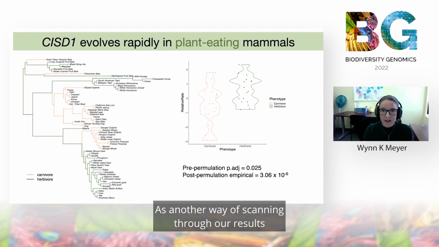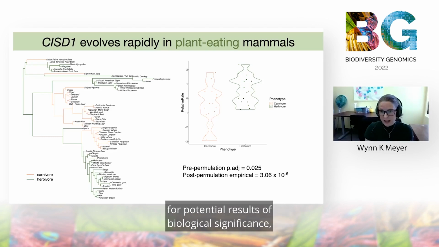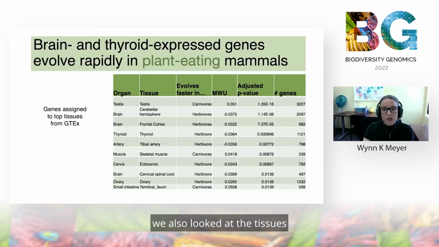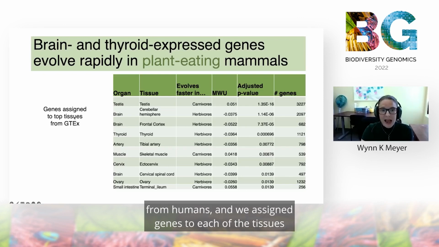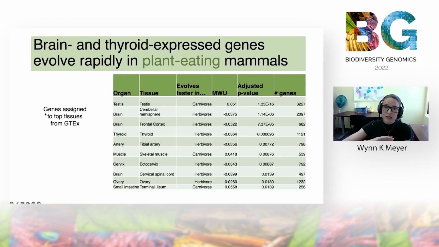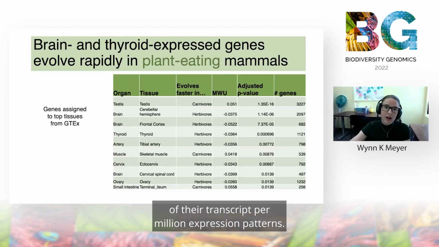As another way of scanning through our results for potential results of biological significance, we also looked at the tissues in which our genes were expressed. So what we did was we took the publicly available GTEx data from humans, and we assigned genes to each of the tissues that were at the top of their transcript per million expression patterns.